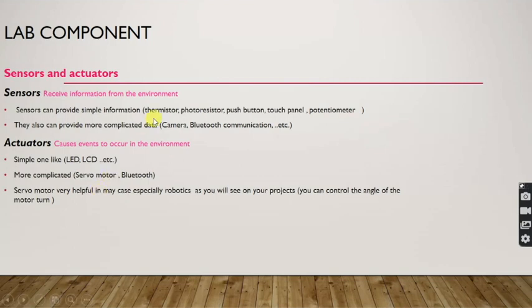Bluetooth here can be used as an input port, a sensor, or as an output port, an actuator. More complicated, as I said, is the servo motor. You can cause an event from the Arduino. You can output a voltage to make the servo angle rotate. The servo motor is very helpful, especially in robotics, as you will see in your projects.